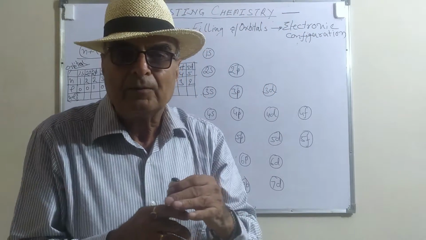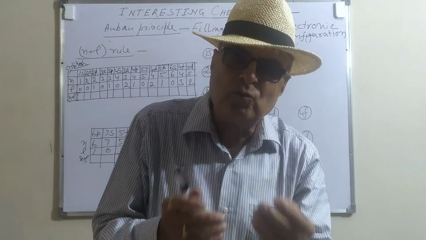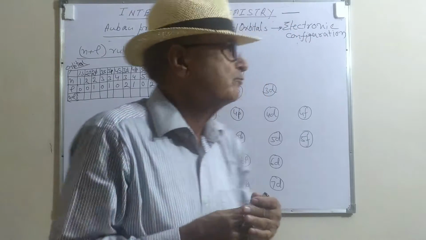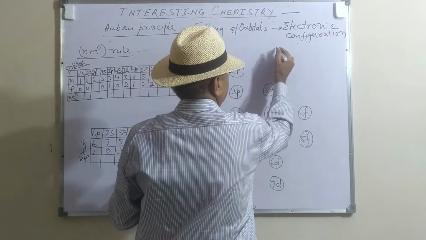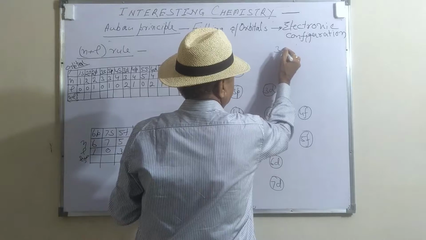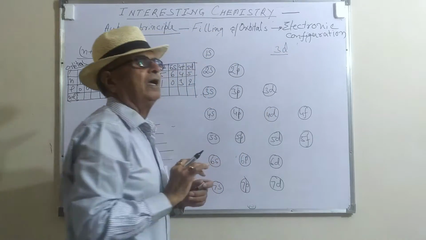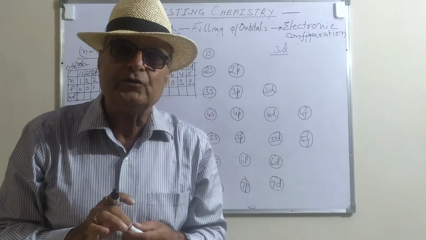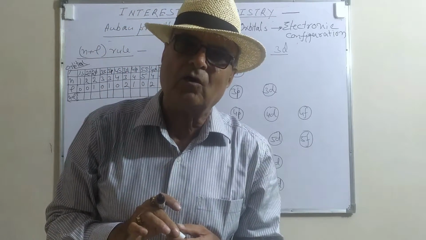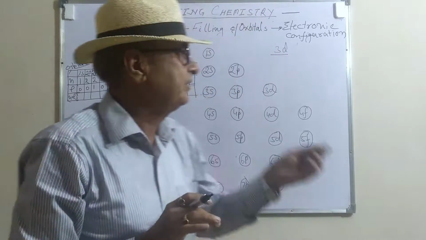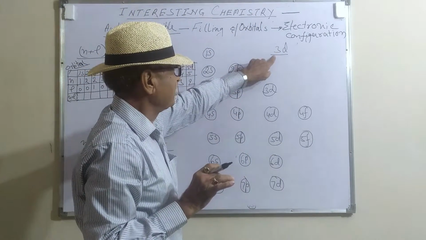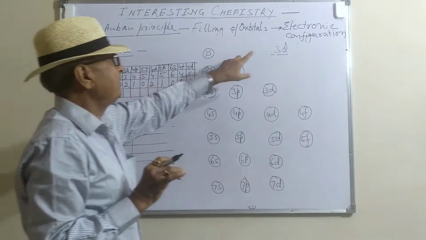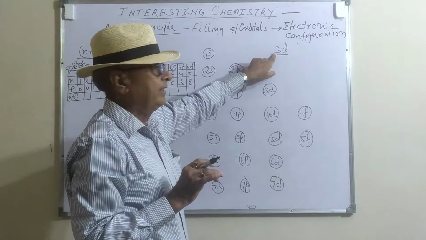So first I will tell you how to calculate the n plus L value. Suppose it is 3d. It is an orbital, and find out the value of n plus L of 3d. So this 3 shows us the value of n, the principal quantum number.